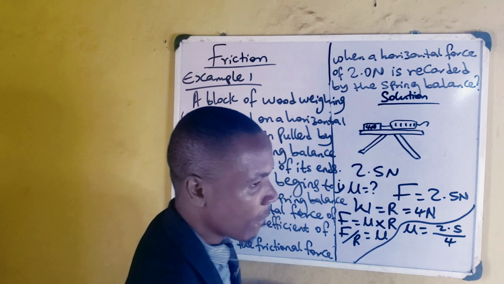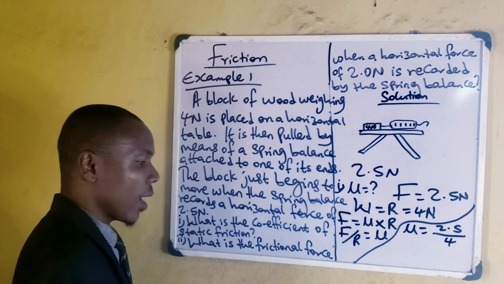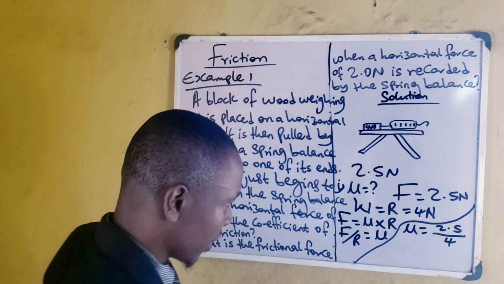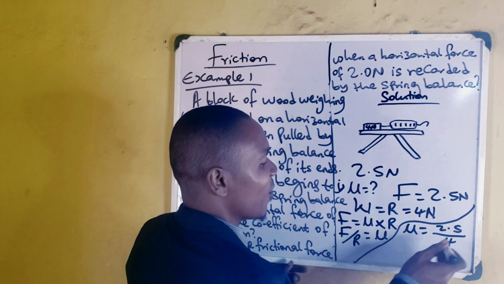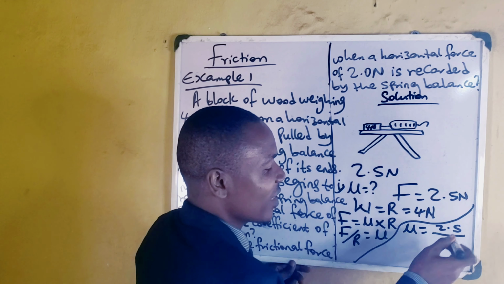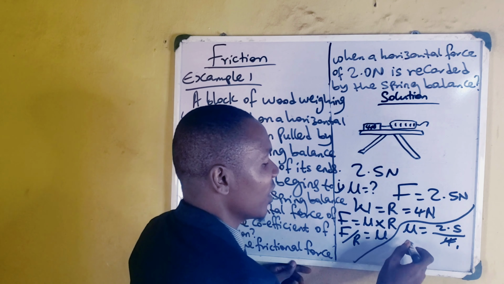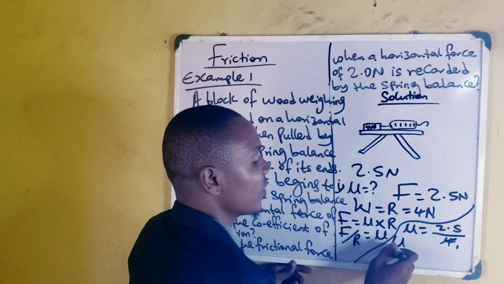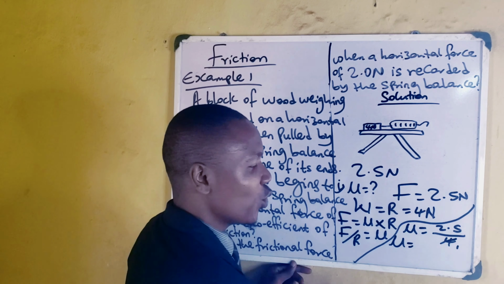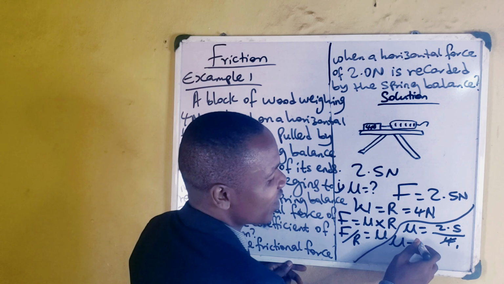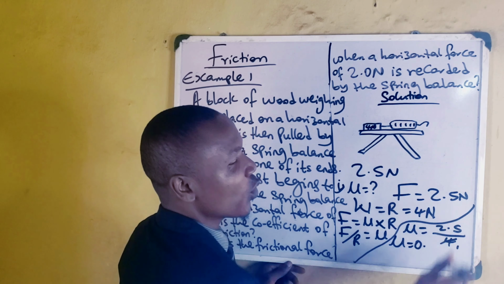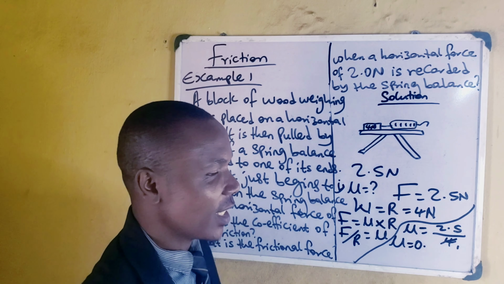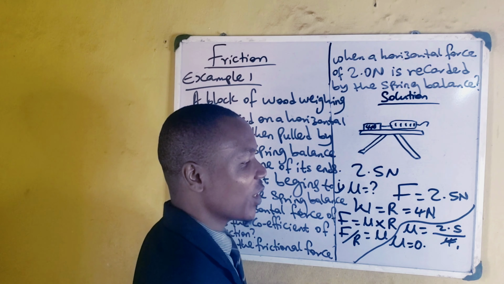Can you see that? All right, so what will I do? 4 will divide itself. When 4 divides itself, it will give me 1. Dividing 2.5, 4 dividing 2, it cannot go. I'll put 0, put a point. This 2 will be added in front of the 5, making it 25.